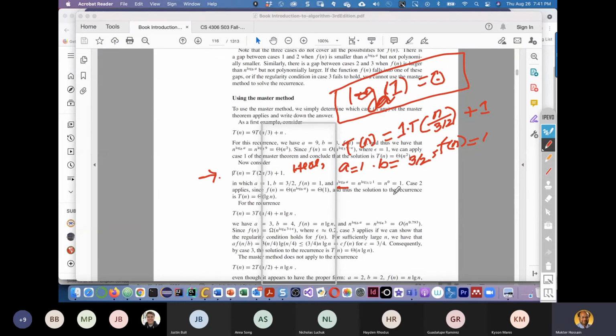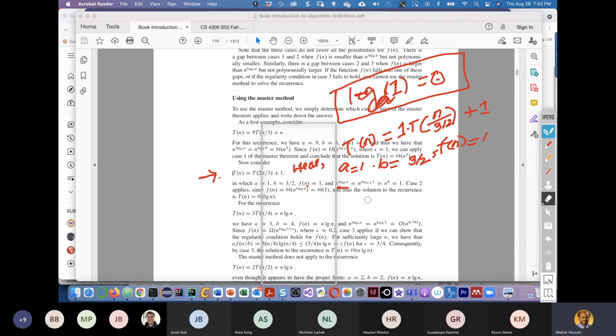So here we got an exact match with our fn. That means epsilon equal to 0. We do not need any epsilon value. Then it falls into case 2.